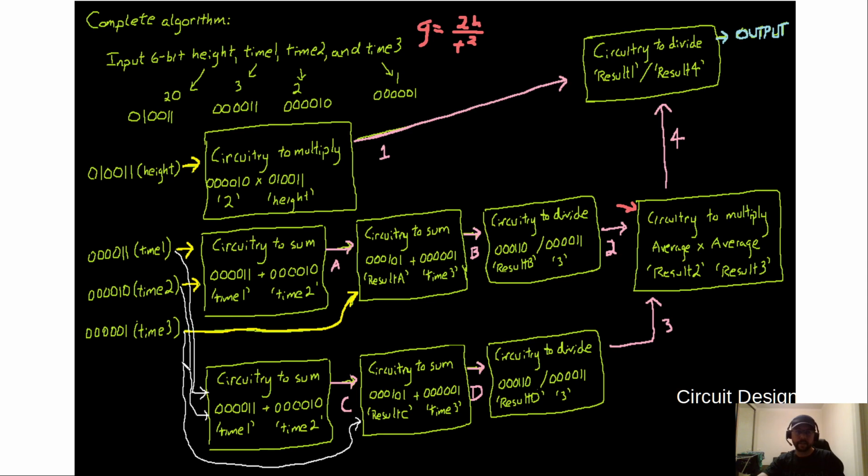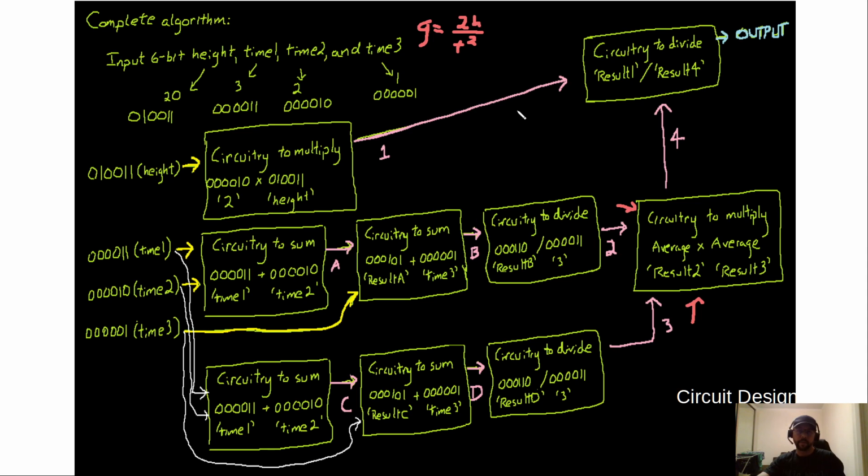And then simultaneously we have another circuit that is just a copy of the circuit above it that does the same thing. And so what we're going to input into this circuit is the average value twice. And then this circuit is going to multiply those 2 average values.